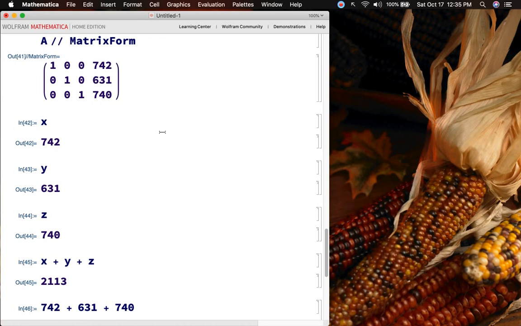Now, Mathematica does have a shortcut for simplifying the matrix. However, the problem with Mathematica's shortcuts is that for certain problems, especially in linear programming, it's not going to help you that much.